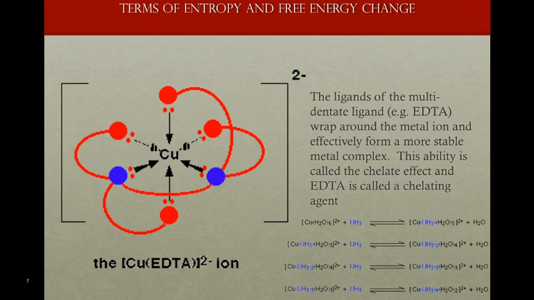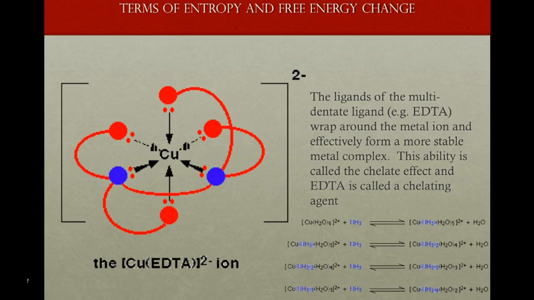EDTA is an example of a hexadentate ligand. That means it has 6 unshared pairs it can share with the transition metal. Once we use something like EDTA instead of water, we replace 6 water ligands with 1 EDTA ligand.